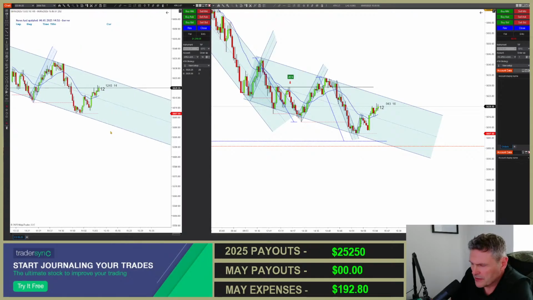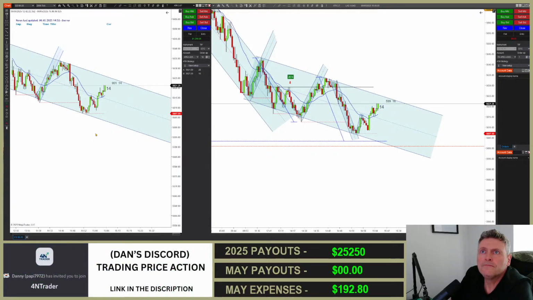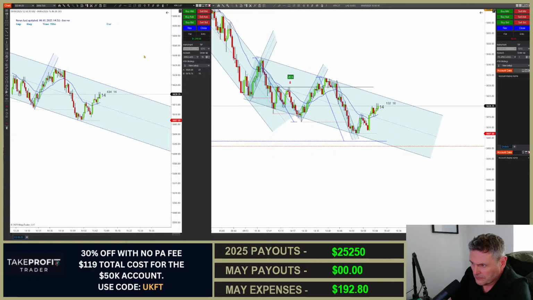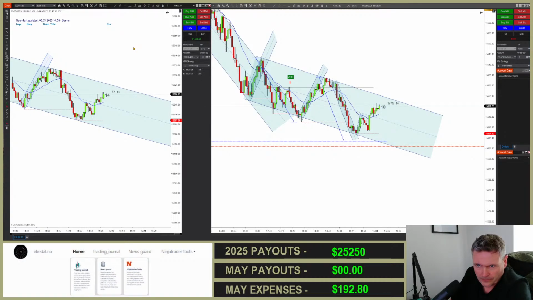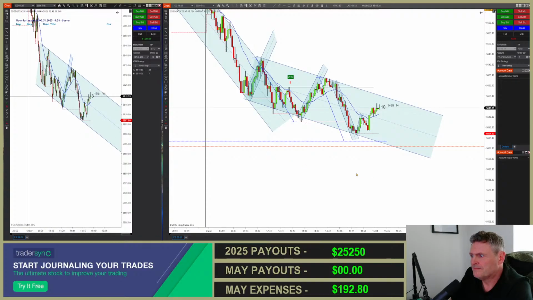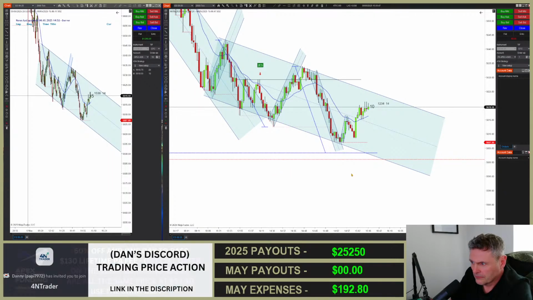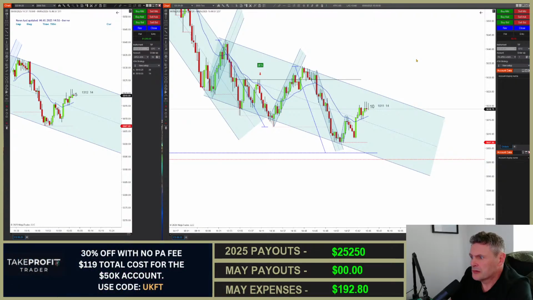Trying to break two pushes to a new high. See, these look like legs.